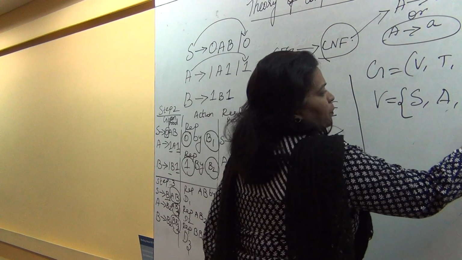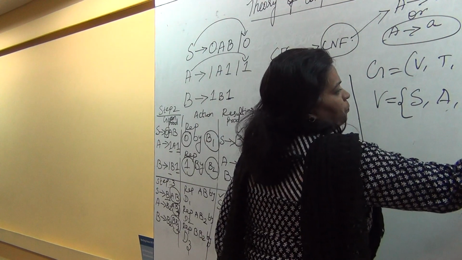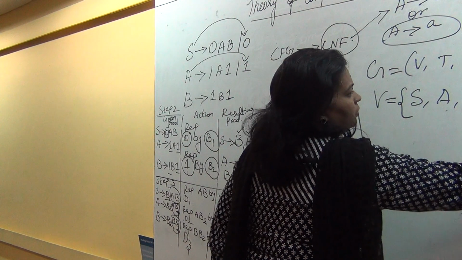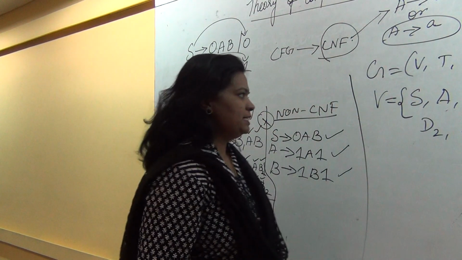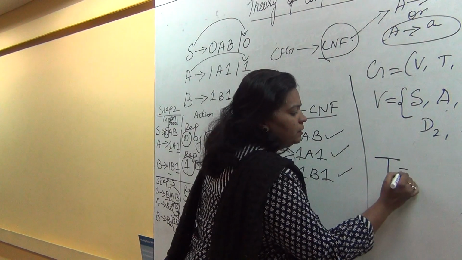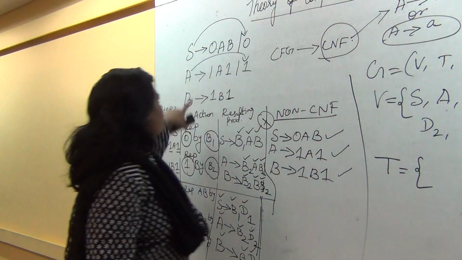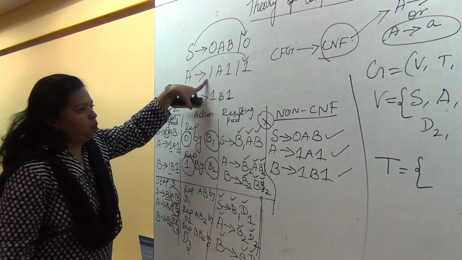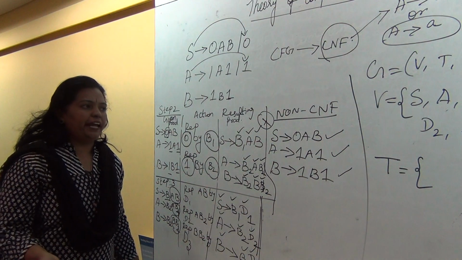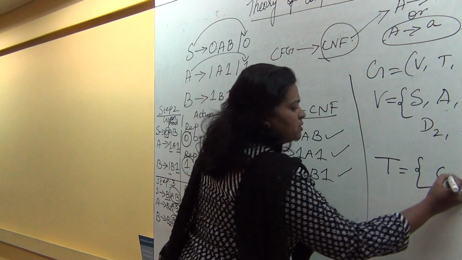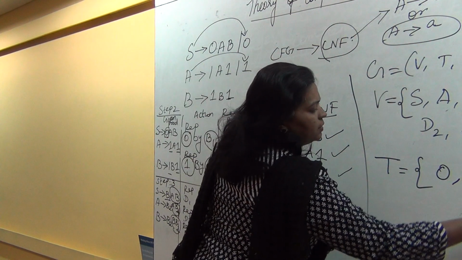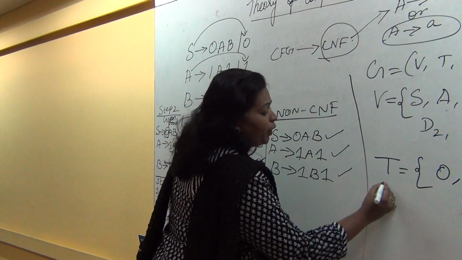These are all variables, and terminals are what is given in the equation, zeros and ones. Suppose we have small letter a's and b's, those would be the terminals, but here we have zeros and ones. 0, 1 is the terminal, and then production.